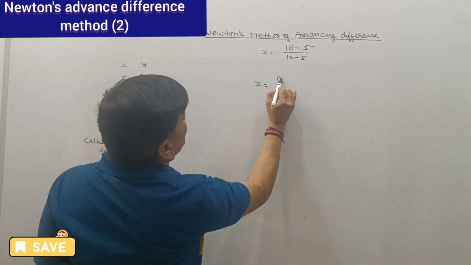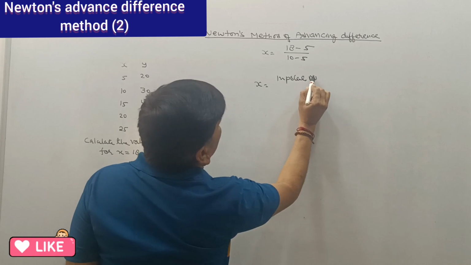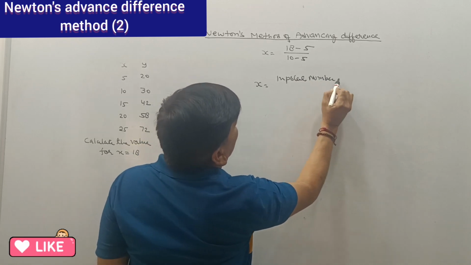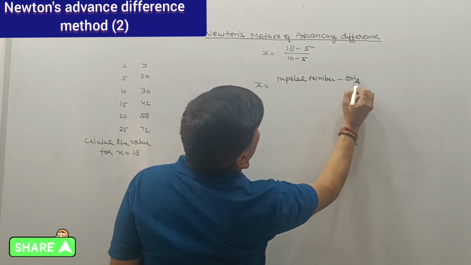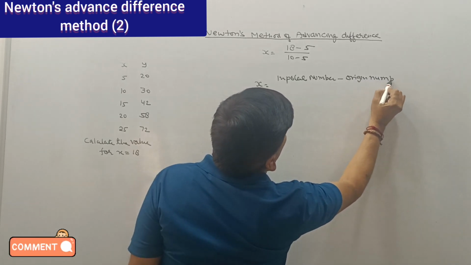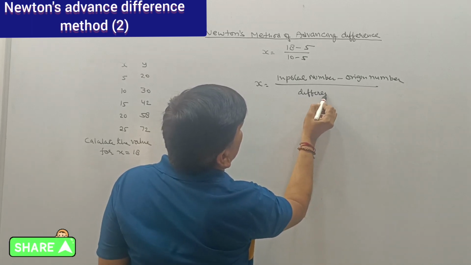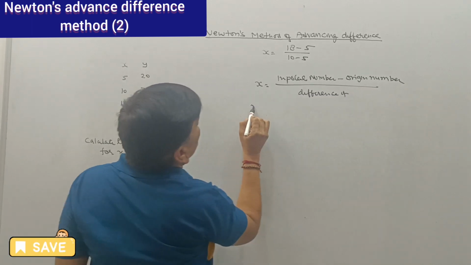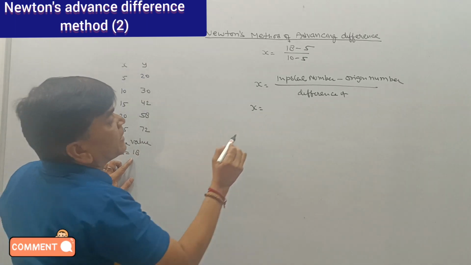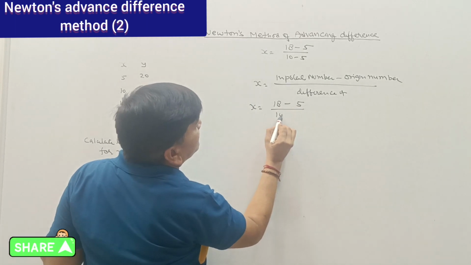interpolation number minus original number, divided by the difference of two numbers. So the interpolation number is 18, minus the original first number 5, divided by 10 minus 5.